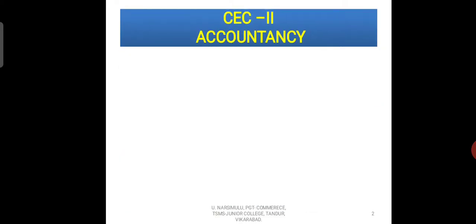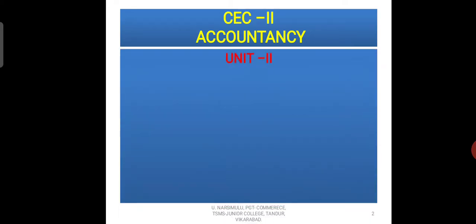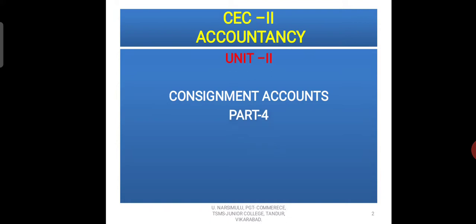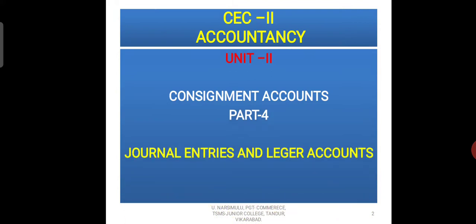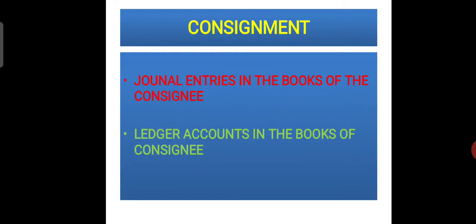Today I am going to teach you CEC second year Accountancy Unit 2, Consignment Accounts Part 4: Journal Entries and Ledger Accounts in the books of Consignee, or Accounting Treatment in the books of Consignee. The entire video will be explained in two sections.